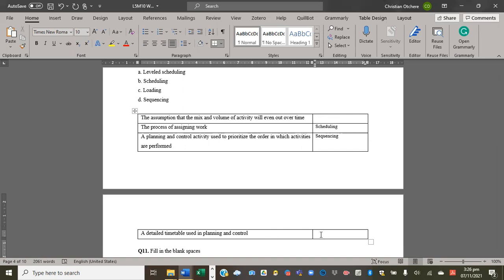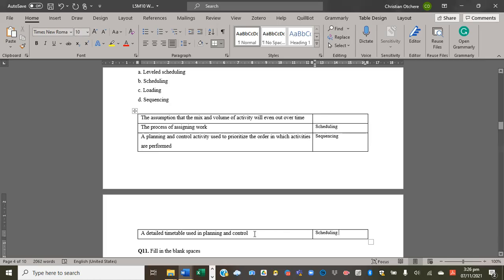How do you think scheduling will be suitable when we talk about timetable? Okay, that means the second one will be loading rather. Good. The second one will be loading. So we have scheduling.